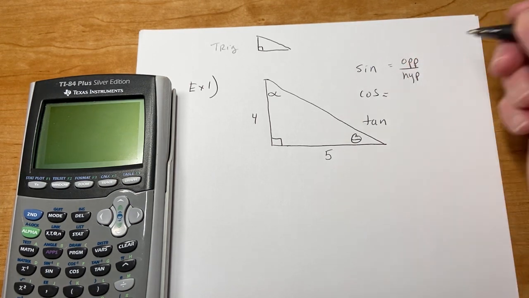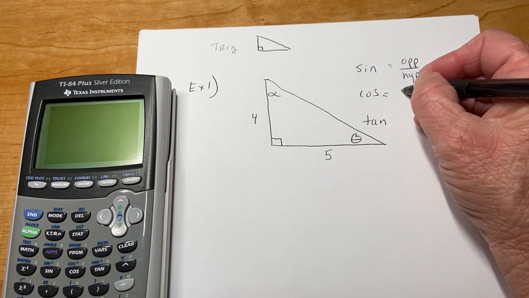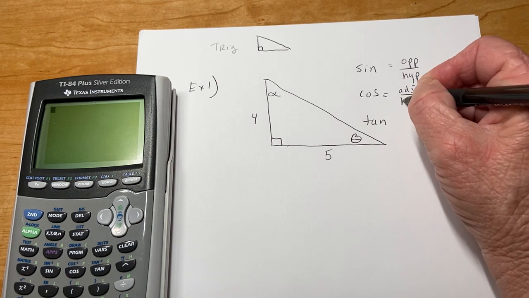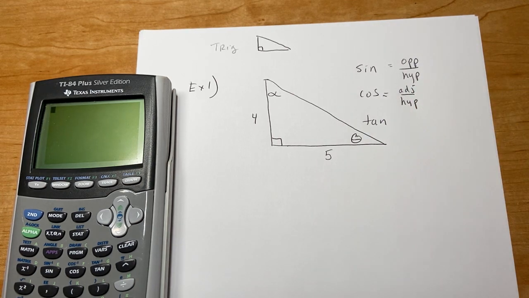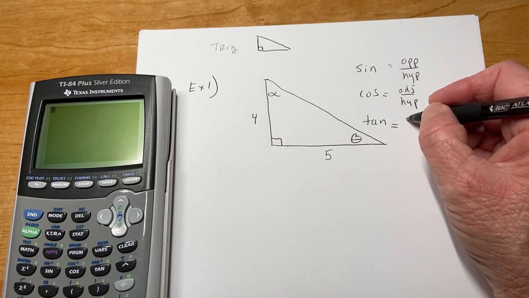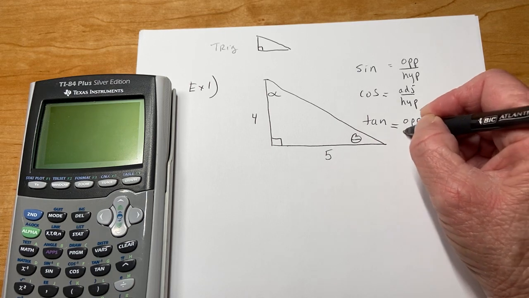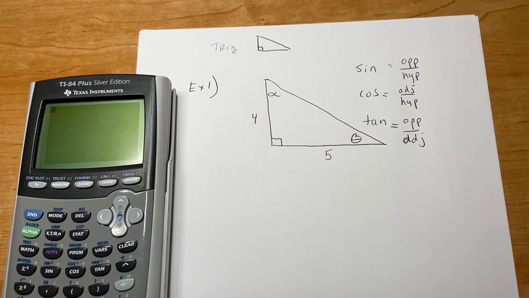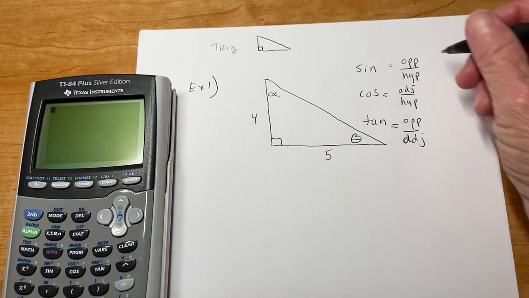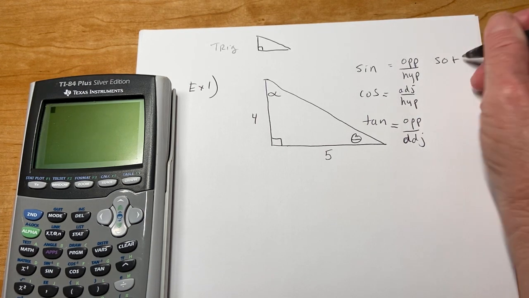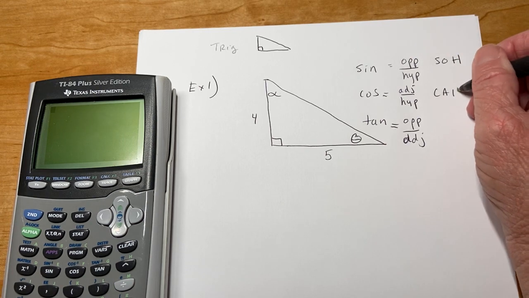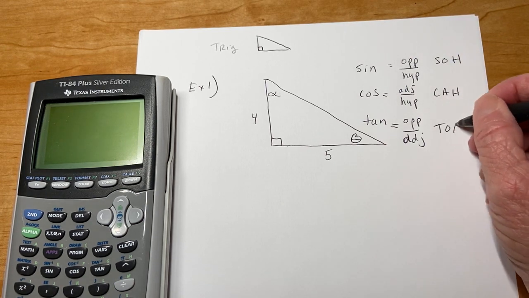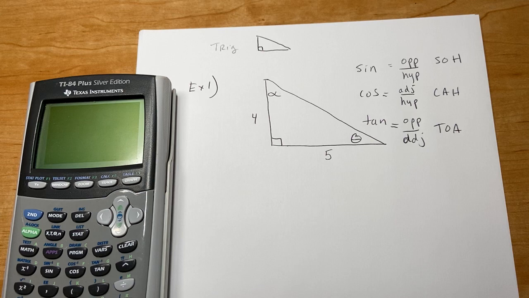The cosine relationship always looks at a triangle and looks at the adjacent over the hypotenuse. Tangent is always opposite over adjacent. Some people say SOH CAH TOA to help remember these.